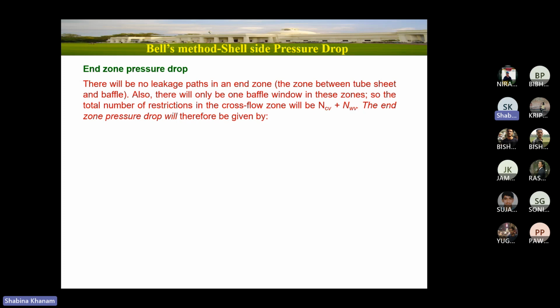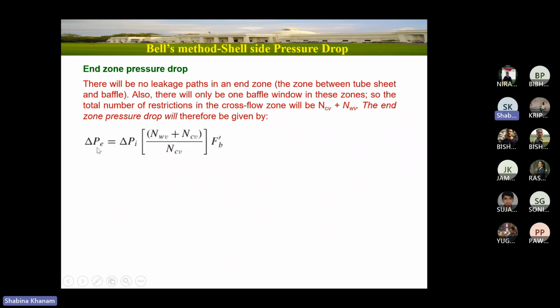Restrictions will be NCV plus NWV, because in the end zone I have only one window zone. I hope you are getting my point. So the total number of restrictions in the cross flow zone will be equal to NCV plus NWV.